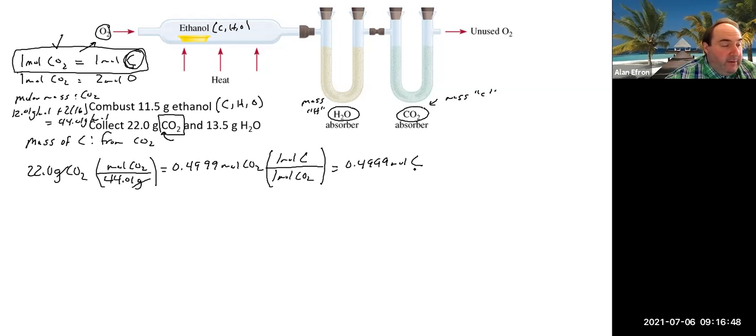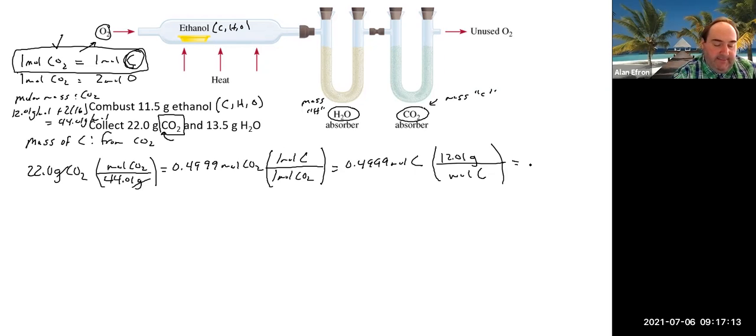Remember that now that we have converted into moles of just carbon, a very common mistake is people will use the molar mass of CO2, but we should now use just the molar mass of carbon at this point. And that is 12.01 grams per mole of carbon.